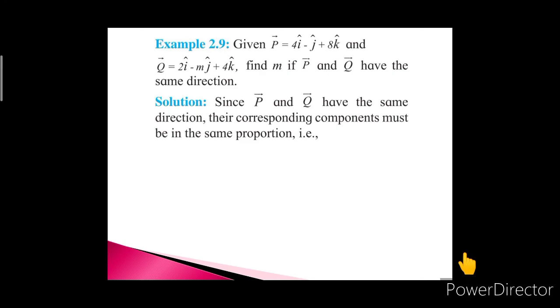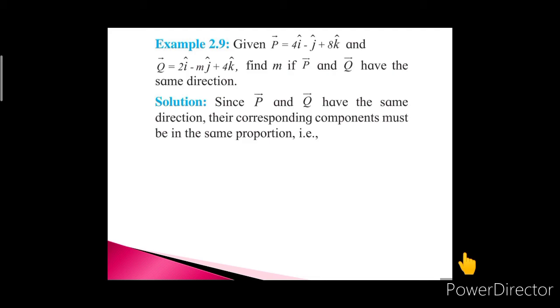Now as it is given over here that vector P and vector Q have the same direction, so we can say that the corresponding components of these two vectors must be in the same proportion.